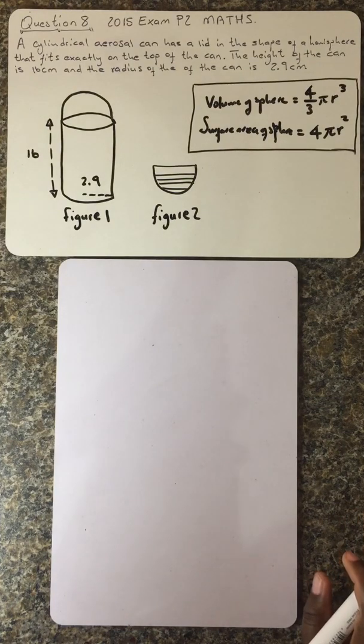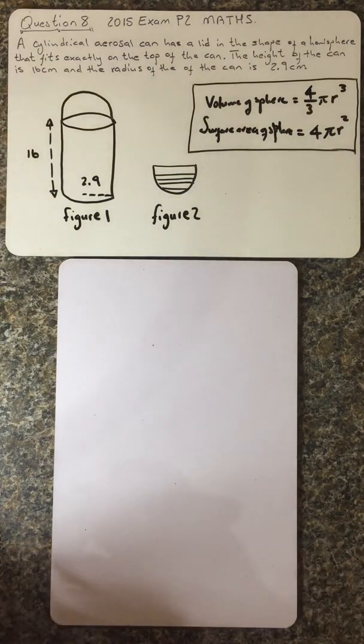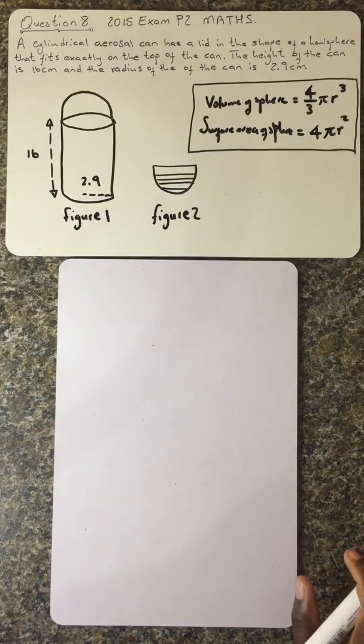Question 8 says a cylindrical aerosol can has a lid in the shape of a hemisphere that fits exactly on the top of the can. The height of the can is 16 centimeters and the radius of the base of the can is 2.9 centimeters.